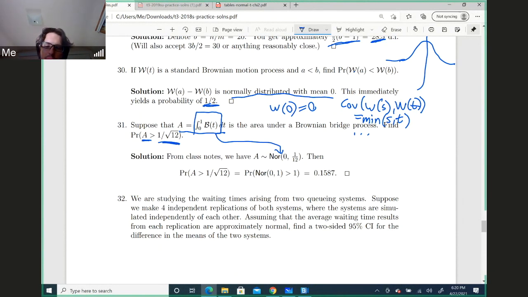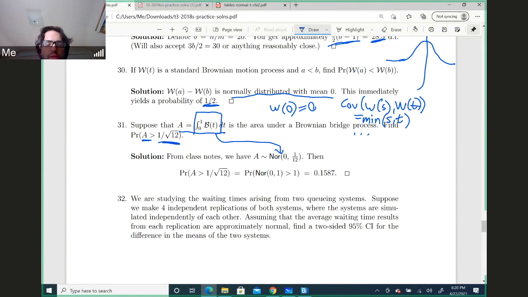And at that point, this question basically reduces to a simpler question, which is, what is the probability that a normal random variable with mean 0 and variance 1/12 is greater than 1 over square root of 12?